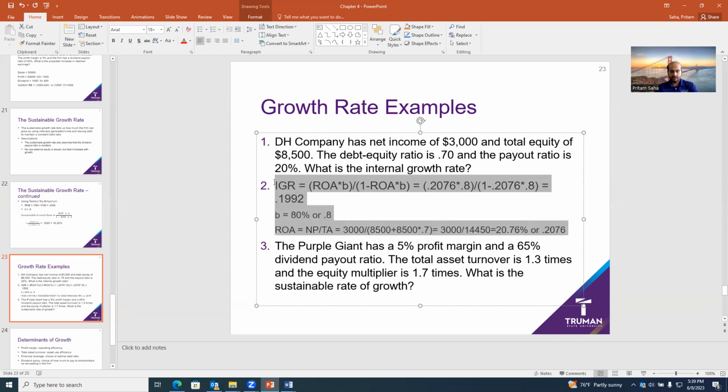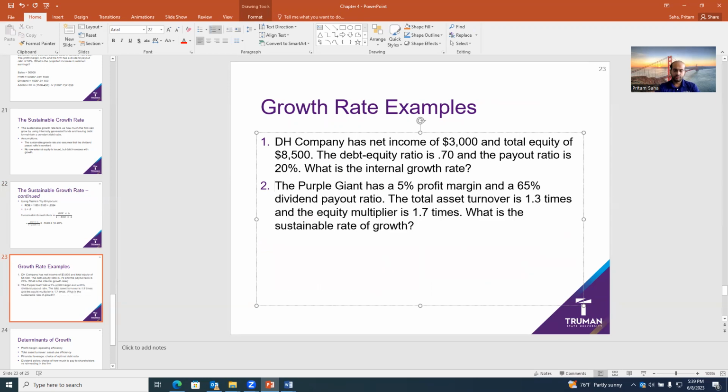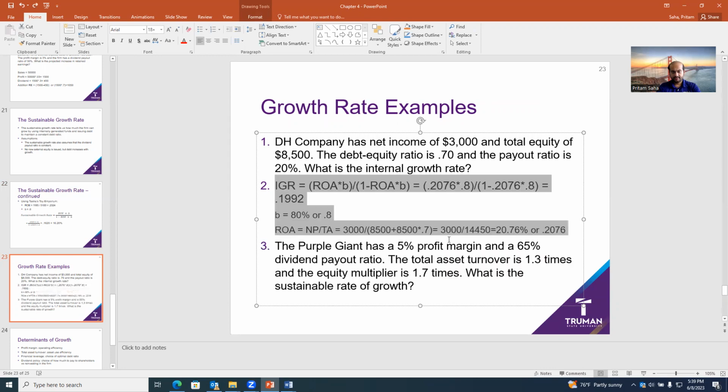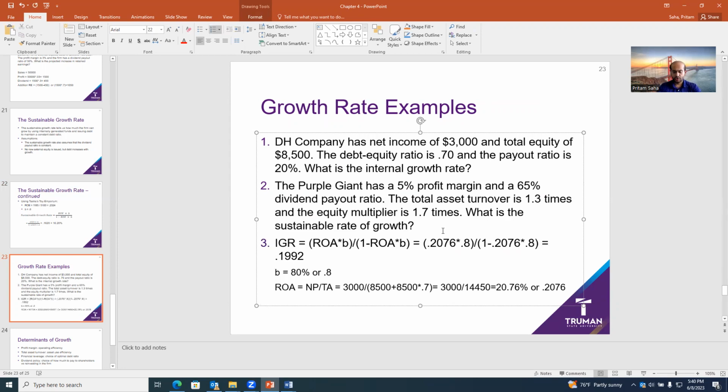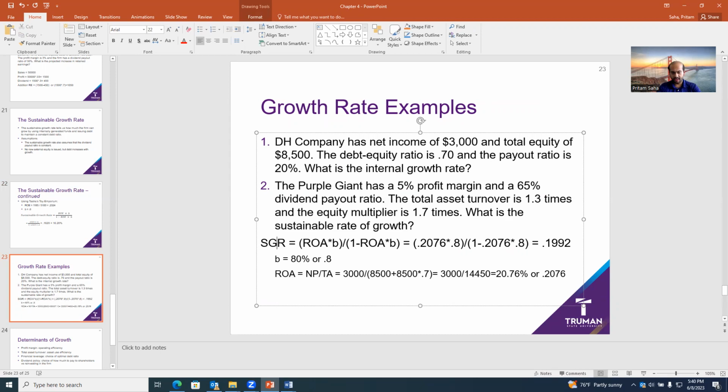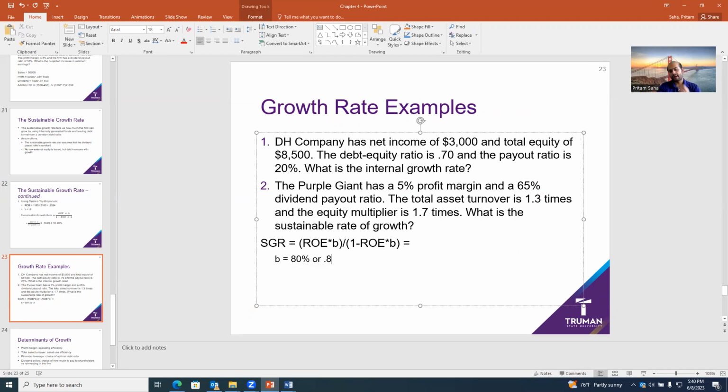I'm deleting all of these so that we can do SGR, sustainable growth rate. Let's make it a little easy. Your SGR should be based on ROE.